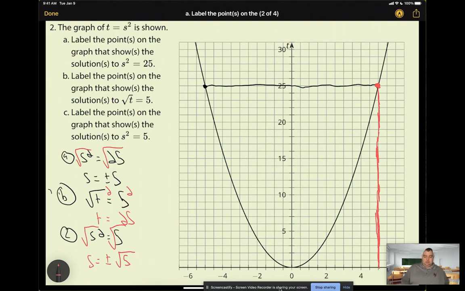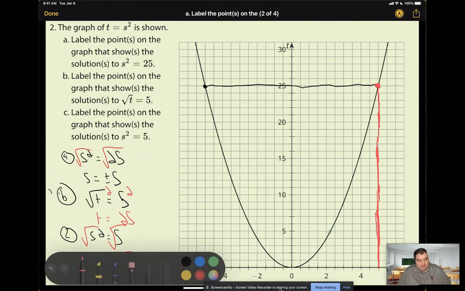Okay. So when s equals positive square root of 5, it would have to be somewhere between 2 and 3, because square root of 4 is 2 and square root of 9 is 3. So it would have to be somewhere in here. I would have to get t equals 5.